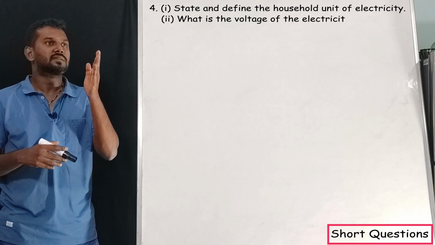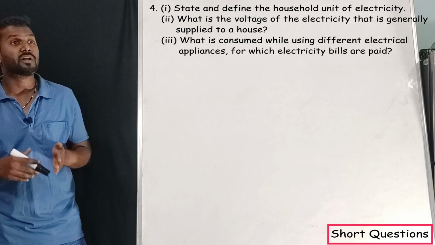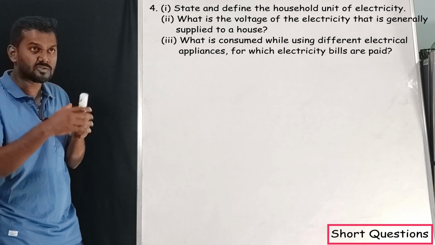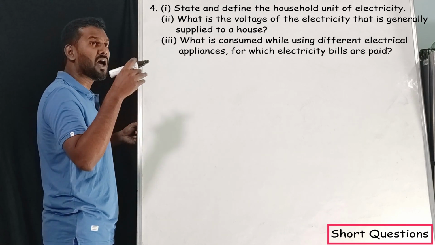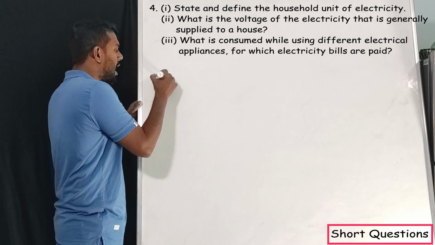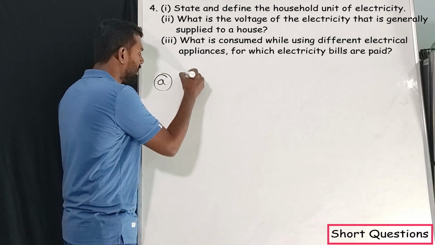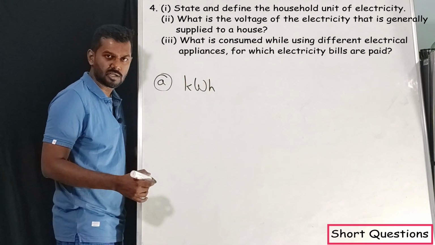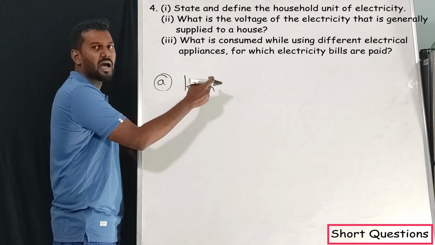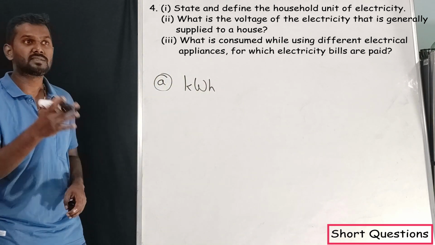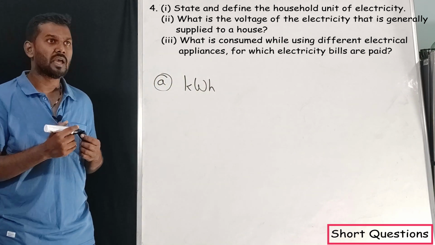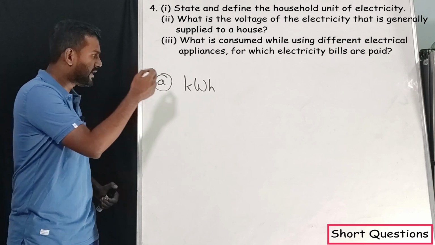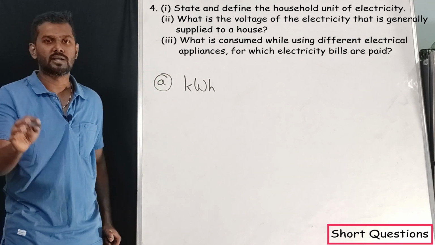Our next question: state and define the household unit of electricity. We have a few more questions, but first we'll understand this one. The household unit of electricity is kilowatt hour, written as small k, capital W, small h. This is the unit of electricity. When it comes to physics, no one is going to ask you the definition of a unit in a board exam.